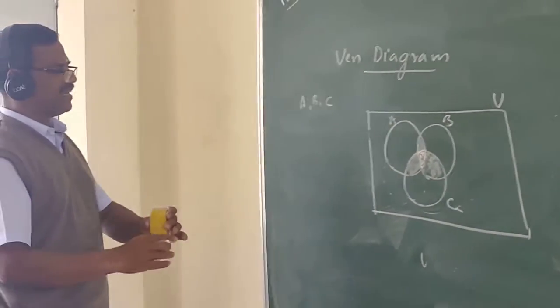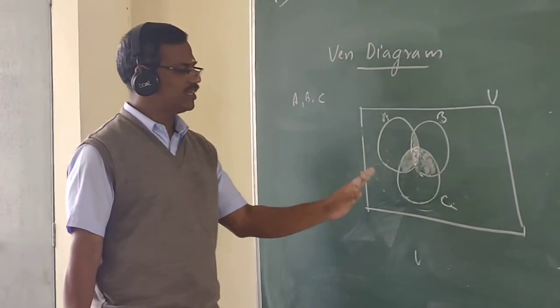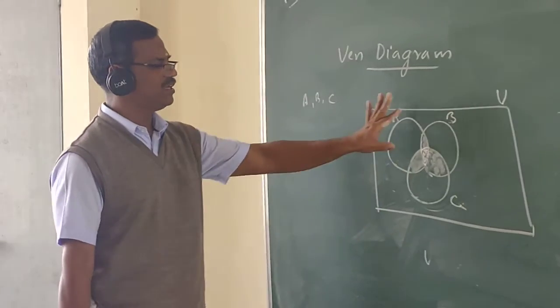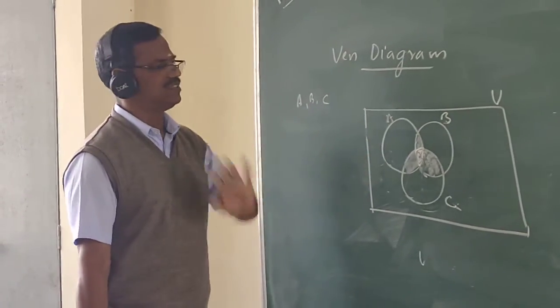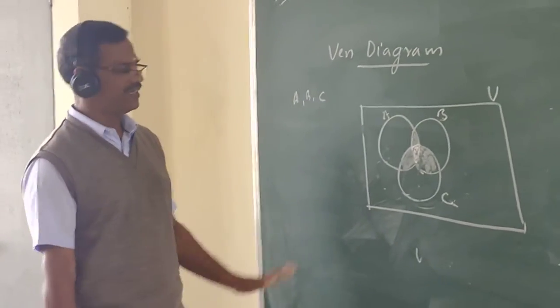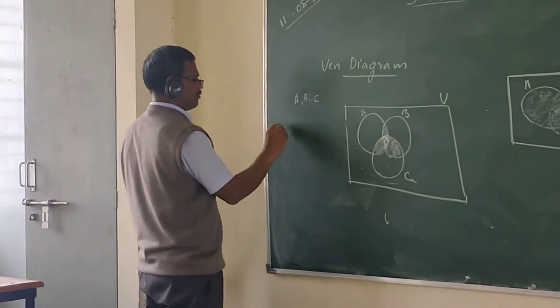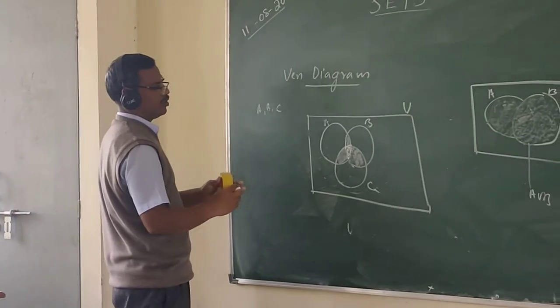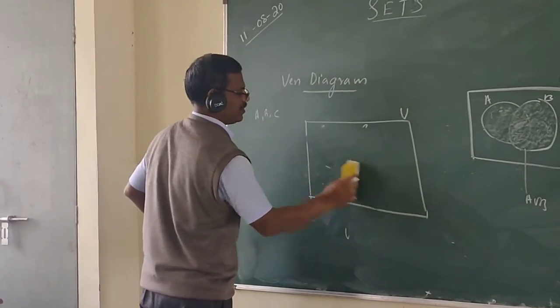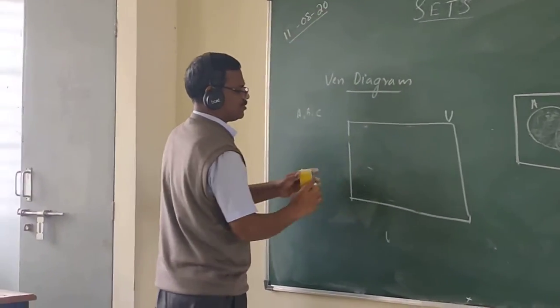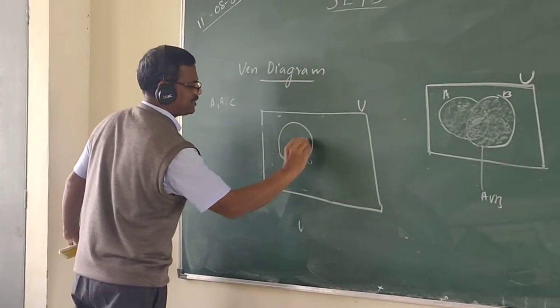So like that, with the diagram you will be able to express or show the data or sets in a very neat way, and that is called the Venn diagram. Suppose I ask to draw a Venn diagram. A, B, C are the three sets.